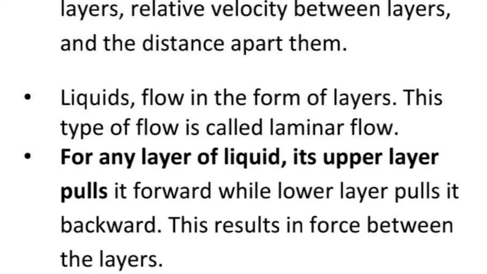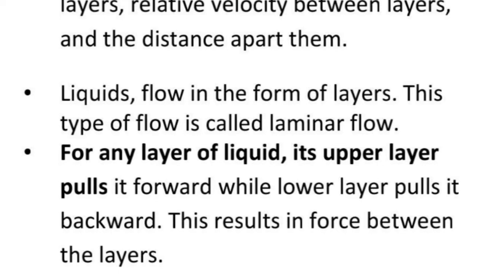For a layer which is well inside the flow, the upper layer, which is in direct contact with this particular layer, pulls it forward, whereas the lower layer pulls it backward. And this pulling and pushing only results in that viscous force.